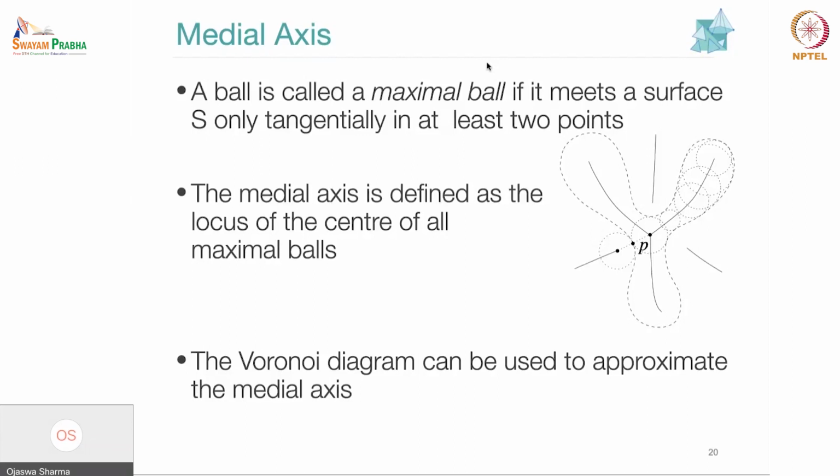So that's the definition of a medial axis. Now the Voronoi diagram, because it is defined using bisectors, can be used to approximate the medial axis. Medial axis is a very well-known structure in geometry, and the Voronoi diagram can be used to approximate it, because by construction the Voronoi diagram takes the bisectors of the primitives, right?